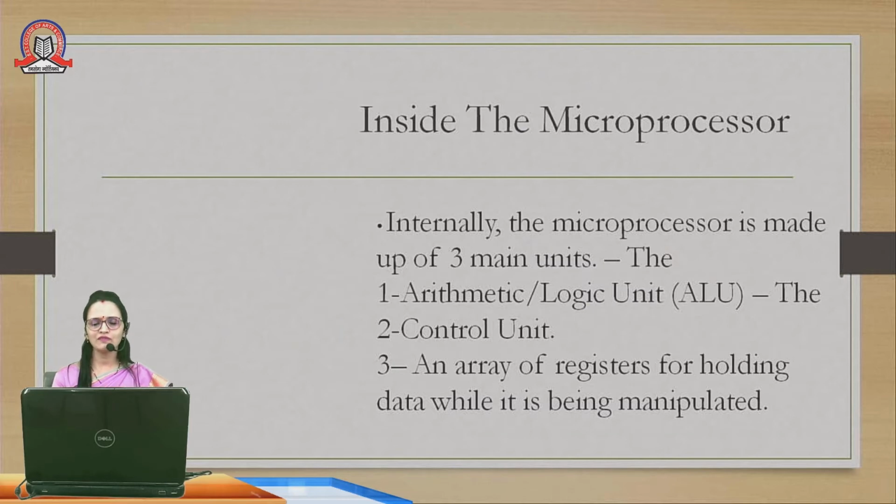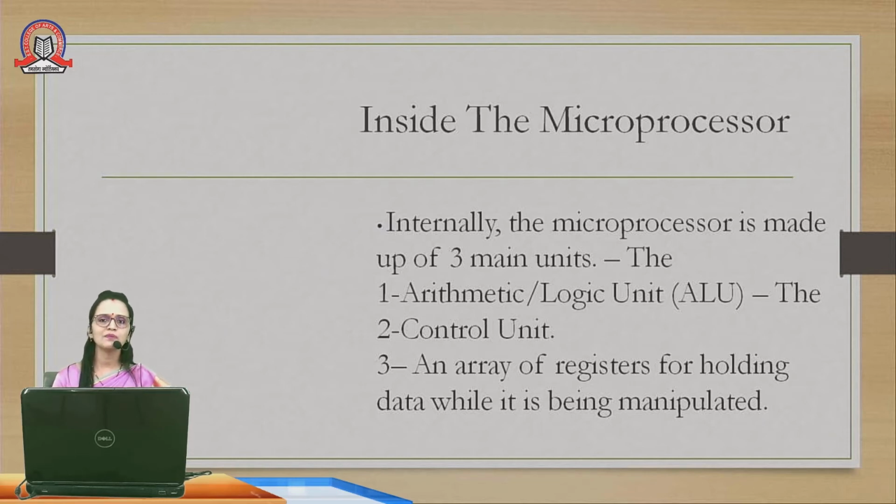Next, we have to see inside the microprocessor. Generally we see certain functional parts. The microprocessor contains the main parts: the arithmetic logic unit, which we can also call ALU, the control unit, also called CU, and the third, an array of registers for holding data while it is being manipulated.